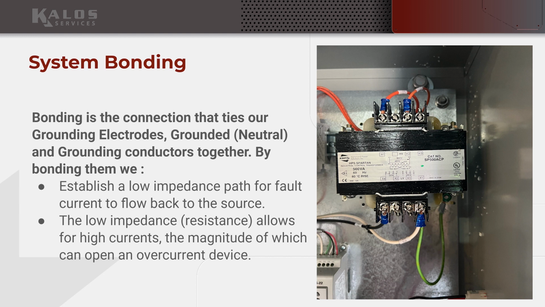This is a critically important connection here, this little green wire. And it's something we have to think about whenever we're installing an electrical service. So if we have power coming in from the utility company, that is an ungrounded system until we ground it, or bond it, at our service disconnect switch.